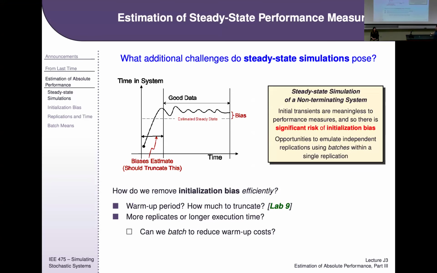So there are just a few more things we need to add to deal with steady state simulations. Now we're working with a non-terminating system, and yet we have to simulate it with an effectively terminating system.